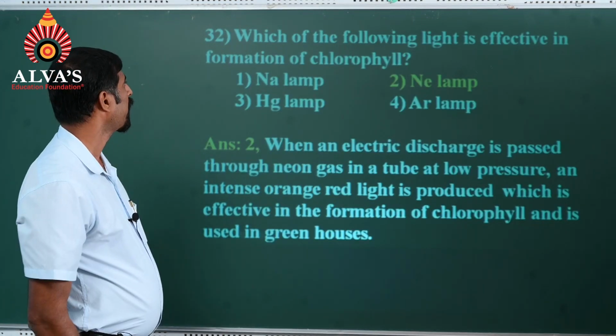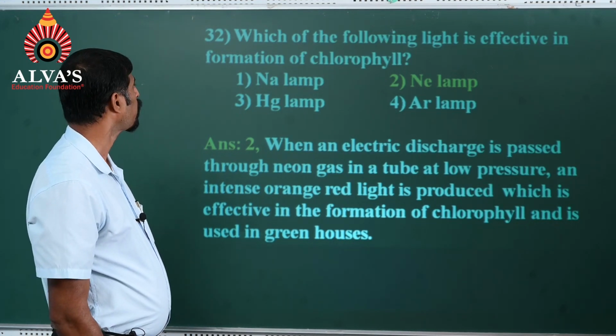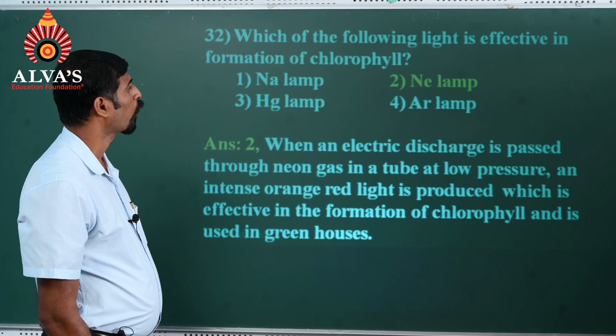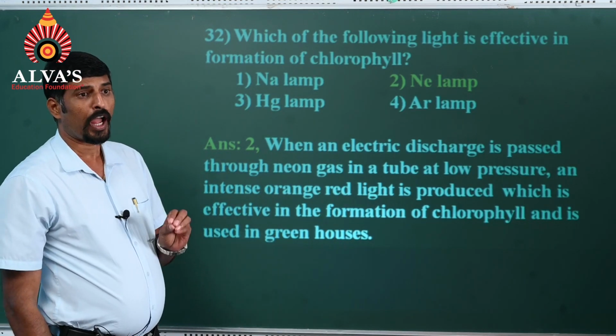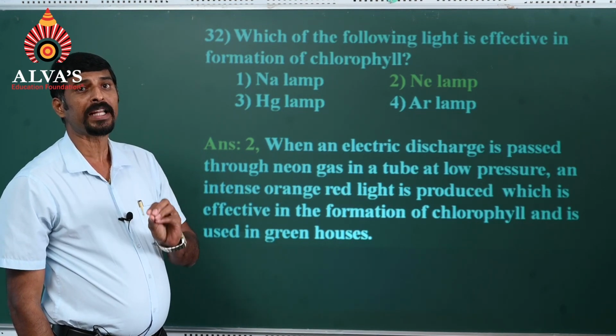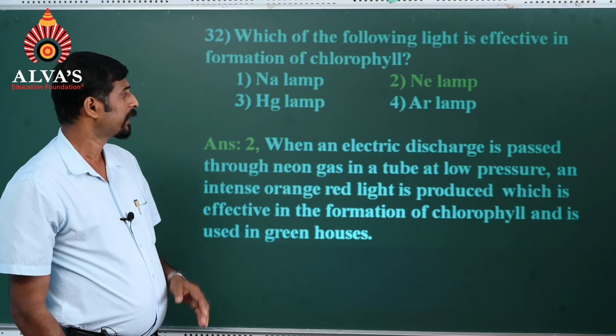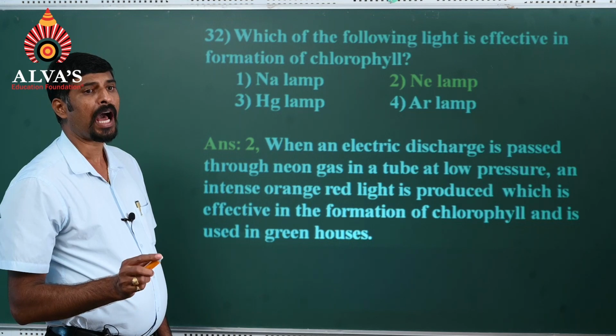Next, move on to question number 32. Which of the following lights is effective in formation of chlorophyll? That is, neon light produces an orange color glow which stimulates the growth of a plant. That's why neon lamps are used in greenhouses.